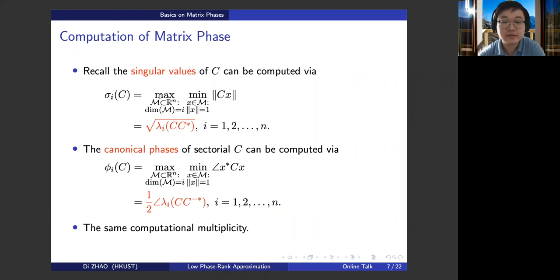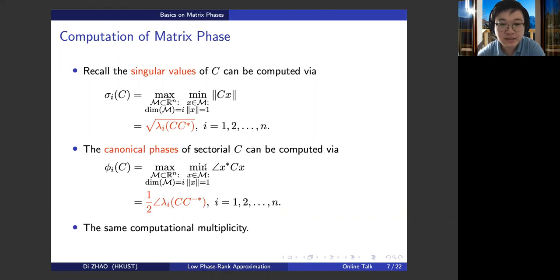The first is by max-min or minimax optimization over the objective function ||Cx||. It's just common stuff. And we can also use the eigenvalues of CC star: we take the ith eigenvalue of CC star and take the square root, and we get the singular value. Okay, so these are the well-known stuff.